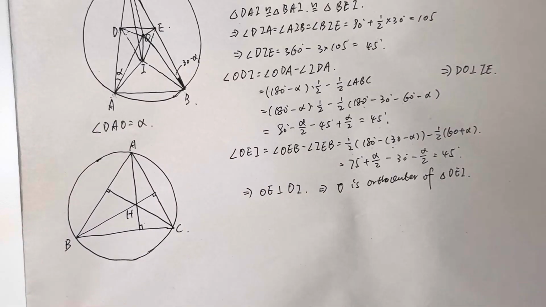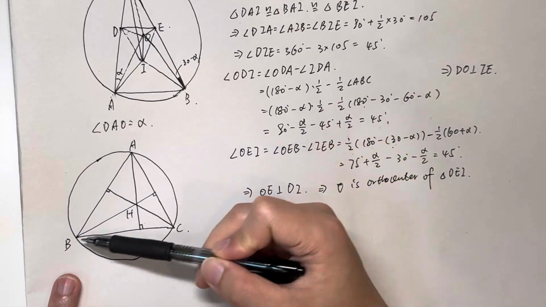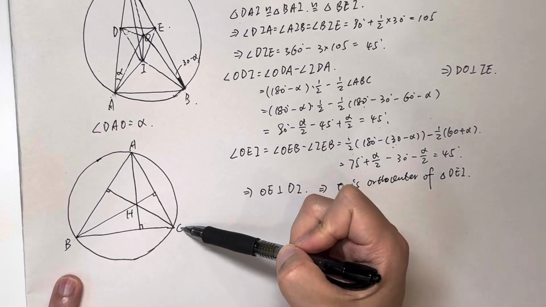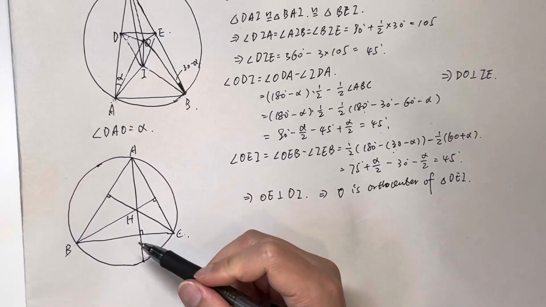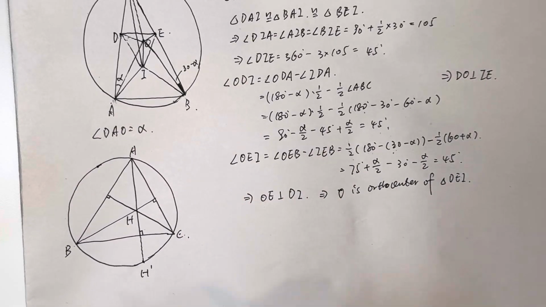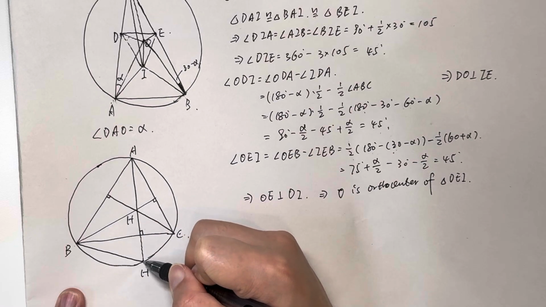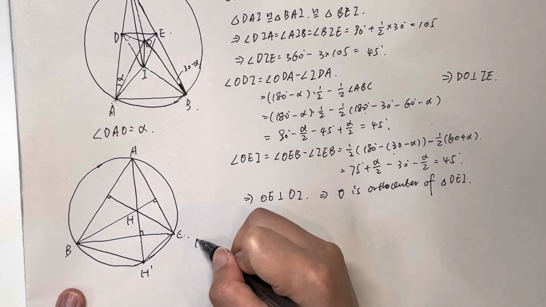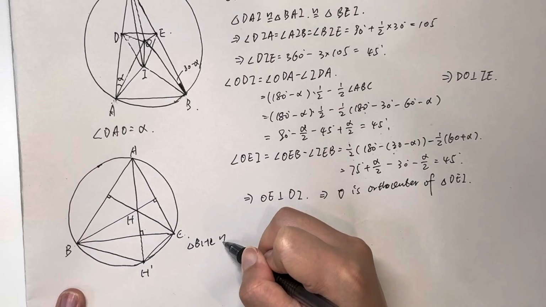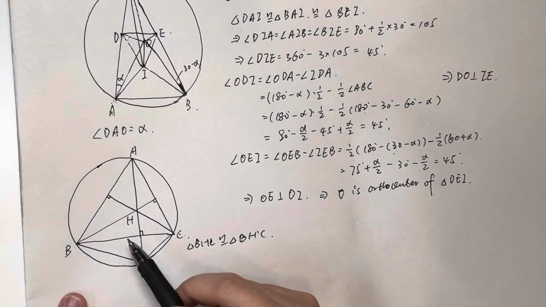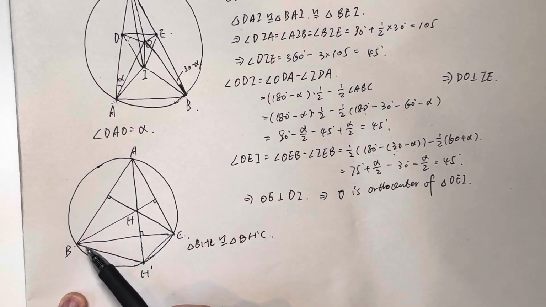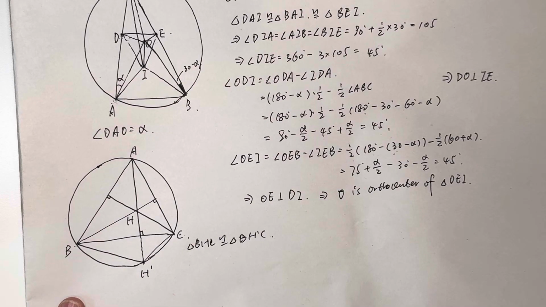See the triangle ABC and the triangle BHC. If we extend AH to meet the circumcircle at the point H prime, we already proved that triangle BHC is congruent to triangle BH prime C, right? That means triangle ABC and triangle BHC have the same, or equal, circumcircle, right?